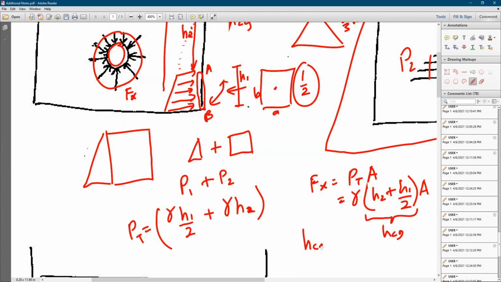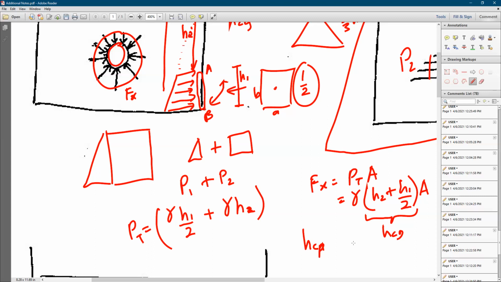HCP, P stands for pressure, center of pressure. CG is center of gravity. Those are two different things.